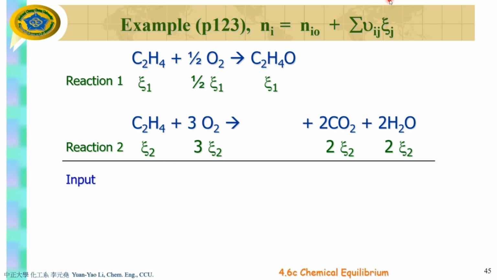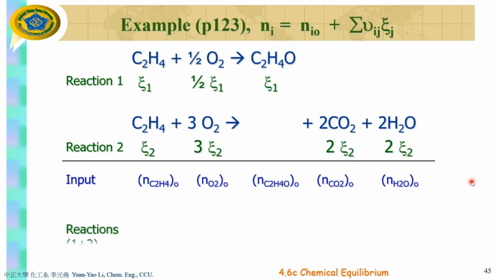So for the input, if we have input, that means NC2H4 is this one, right? Initial. And then this is initial. Okay? It can be 0 here. And you have reactions, which is 1 plus 2, right?